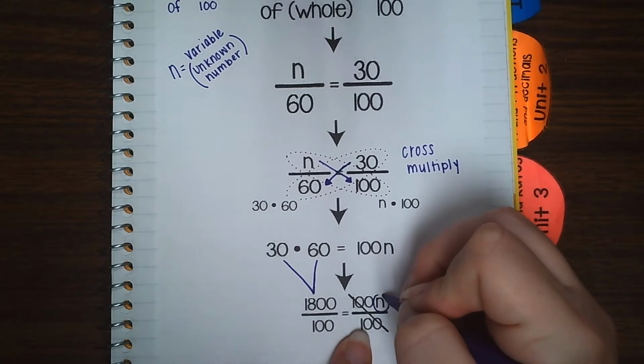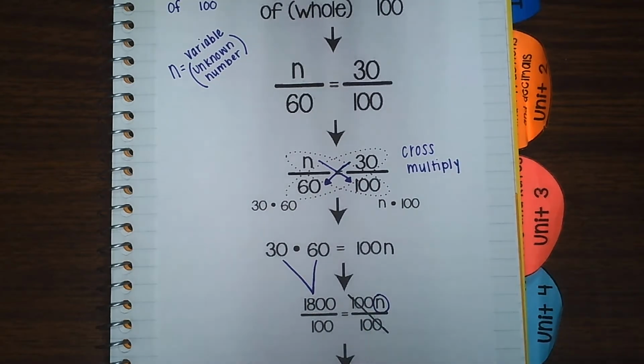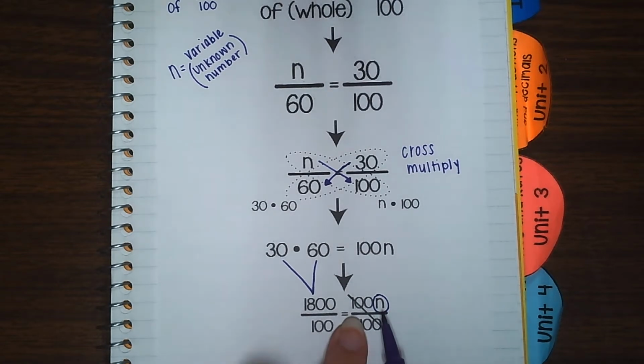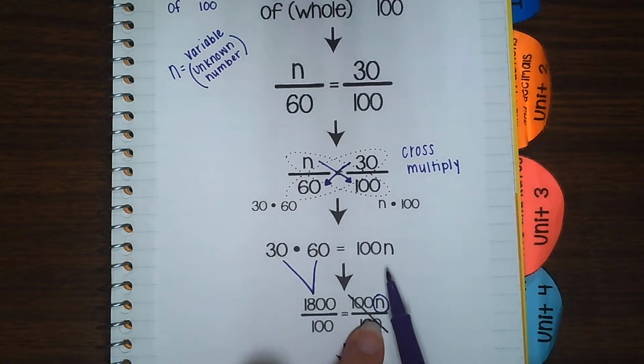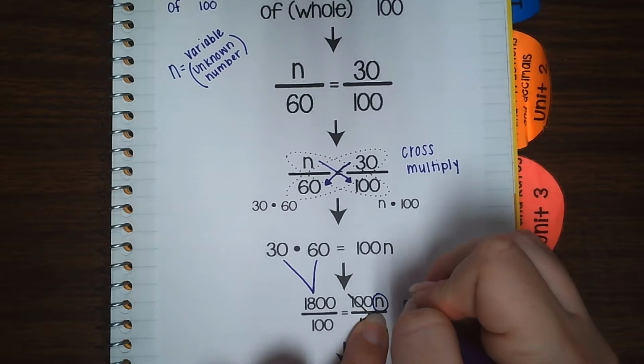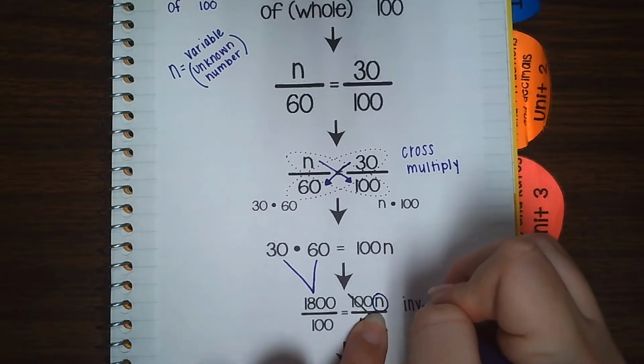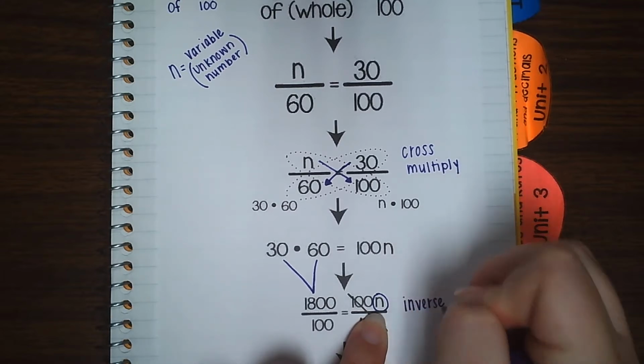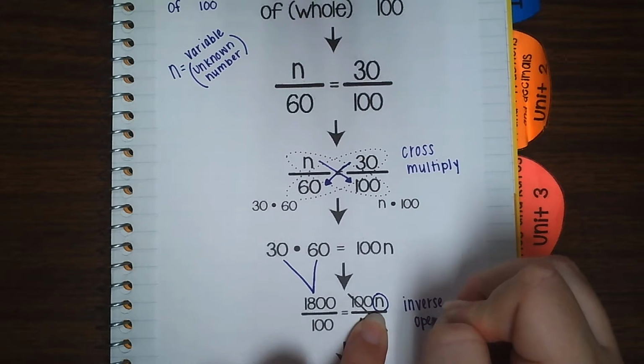So now we still have to solve for n. N is our variable. It's our unknown. We want to find out what it is. Well, right now, 100 and n are being multiplied together. Remember, a number and a letter side by side means they're being multiplied. So in order to get n all by itself, I want to do the inverse operation.